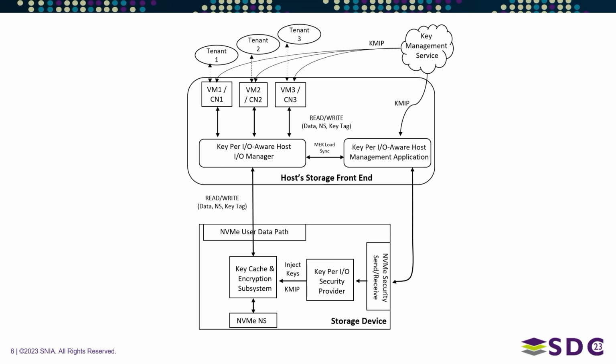So the whole point of this diagram is to help draw attention to a couple of things. I mentioned the scenario where you've got multiple VMs or containers that are interacting with one or more key management servers. This is when you start talking about things like secure multi-tenancy. Your security infrastructure may actually be separate for each of your tenants, and KeyPerIO could be important because if you think about an Opal drive and you personalize it, the personalization is with the underlying server, the host.